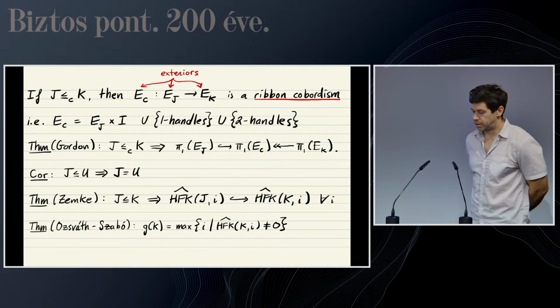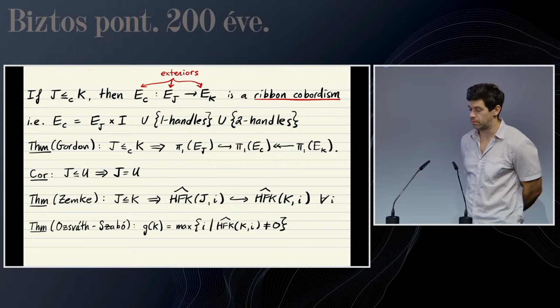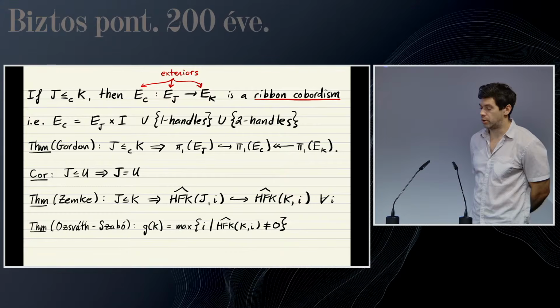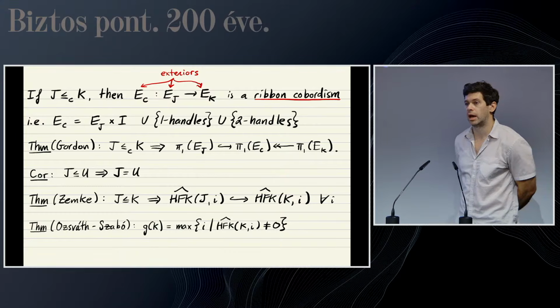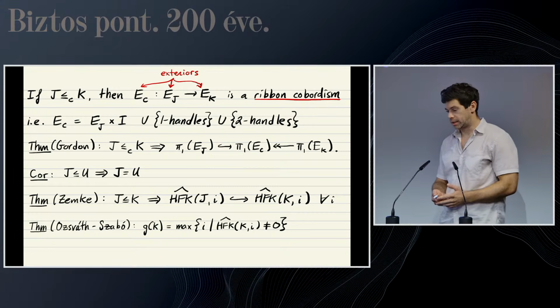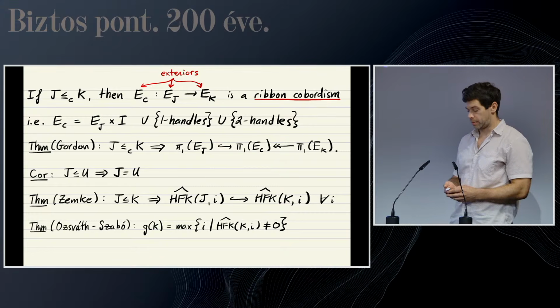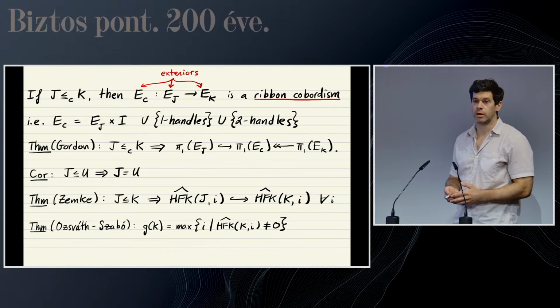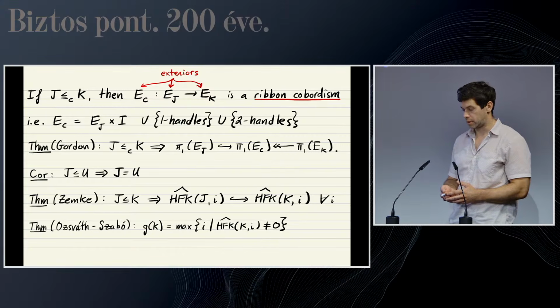And this is really powerful when paired with a theorem of Ozsváth and Szabó from around 2004, which describes how knot Floer homology detects the genus of the knot. So the genus of the knot is just the maximum Alexander grading in which this knot Floer homology group is non-zero. Okay? So let's see what those two things together imply.